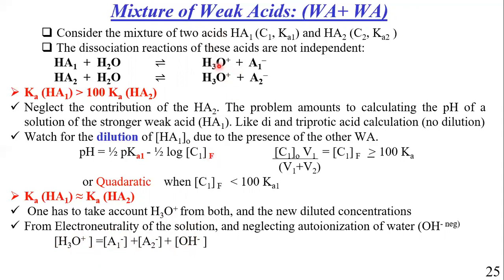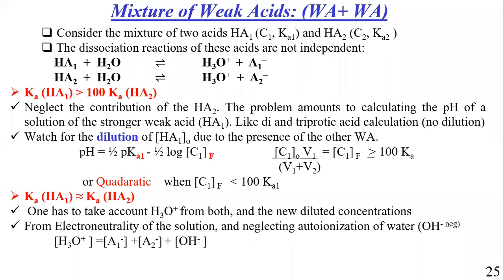We have H3O plus coming from the acid, from this one, from that one, maybe from water, whatever. All the H3O plus, we only have one cation on this side. The negatives will go on the other side. A minus 1 and A minus 2 go on this side, plus the OH from the water. Again, we said that the OH from the water is negligible.